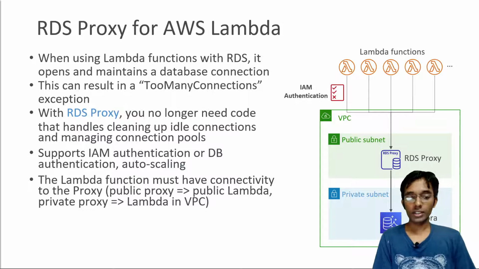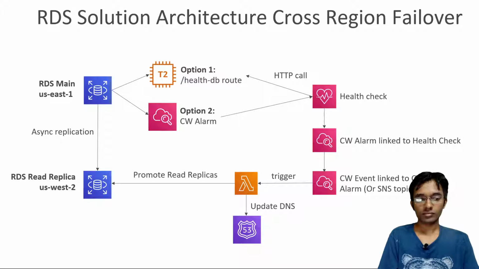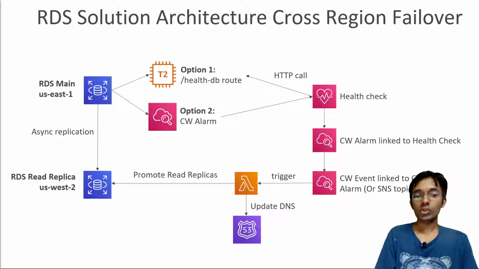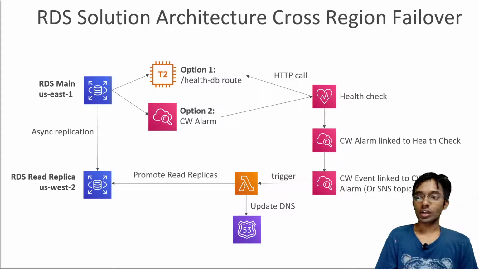Now finally, one solution architecture we have already seen is how to do a cross-region failover of the RDS instance. It would be better to check the database health, either using an instance that has a /health-DB route, or a CloudWatch alarm.